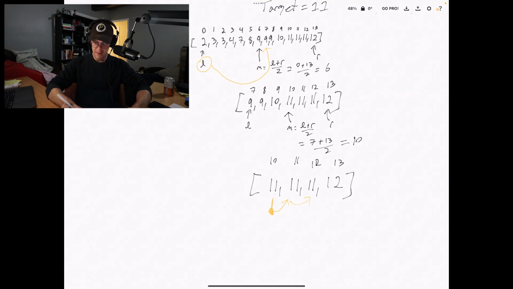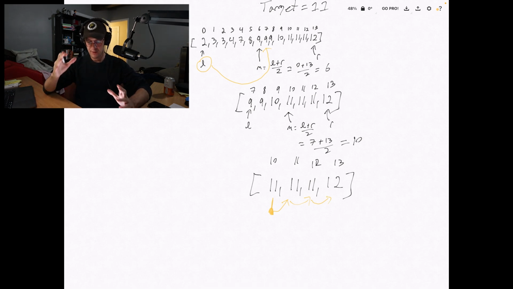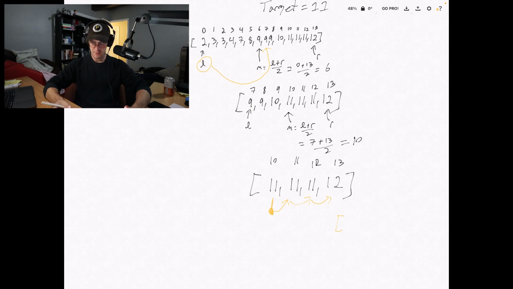And then we hop to index 13, and we've got a 12. And since this is a sorted array, every number is going to be greater than or equal to the previous one. We know that we found the last 11. And so now we've got our solution, which is just going to be starts at 10 and ends at 12.